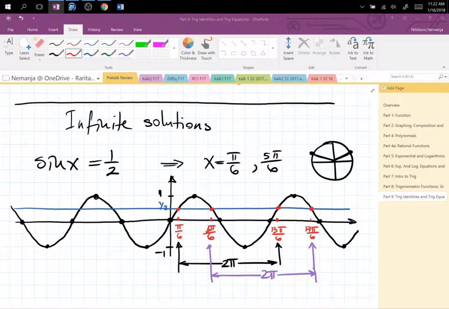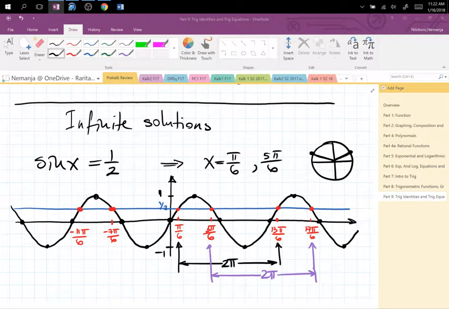If I'm to go negative to these two solutions here, this one would be negative 11 pi over 6, and this one over here would be negative 7 pi over 6.